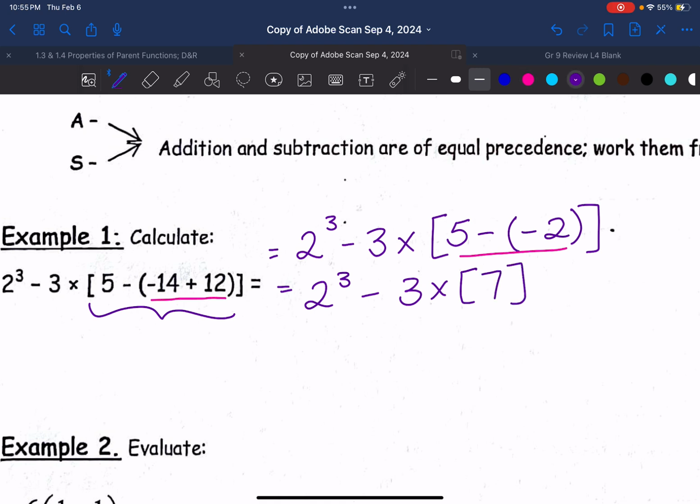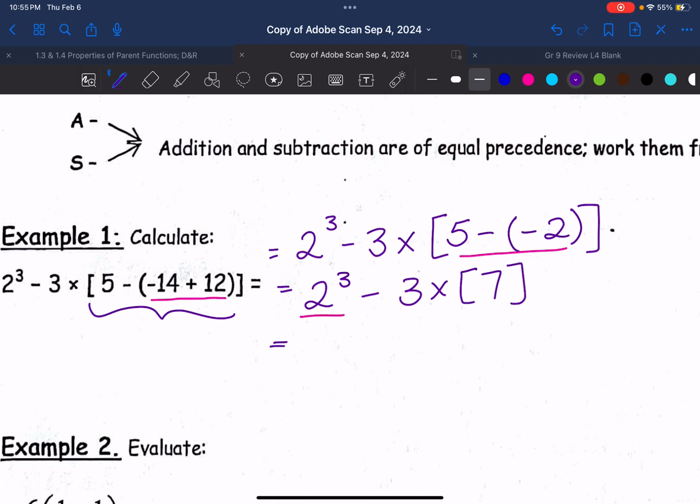Now, my B is done, my brackets, I've just got that 7 there, which is multiplication. If I move on to E, which is exponents, I see that I do have an exponent. It's attached to this 2, so I have to evaluate that first before I can do any of the other multiplication and subtraction. 2 to the power of 3 is not the same as 2 times 3.